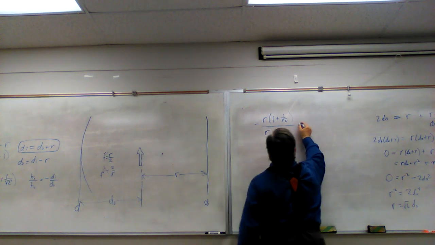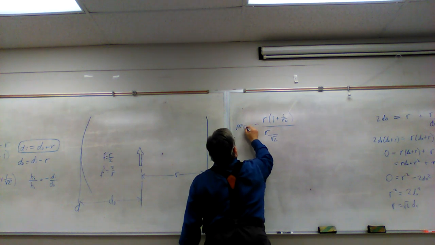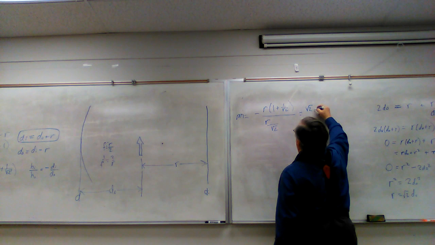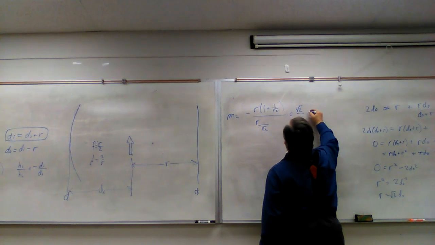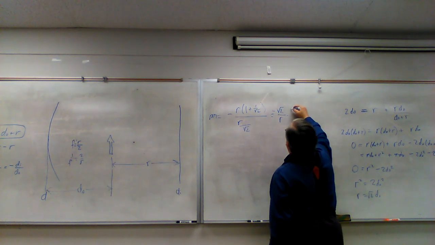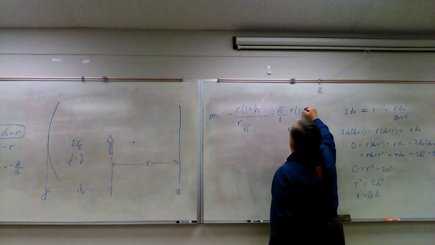Which is equal to, this is m, which is equal to the square root of 2 over r times, keep the minus sign, r times 1 plus 1 over the square root of 2.